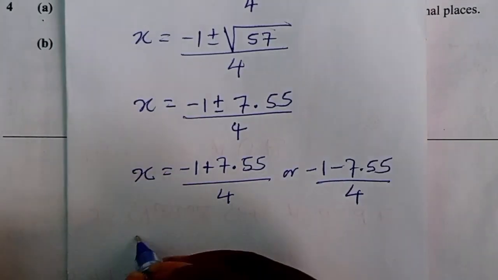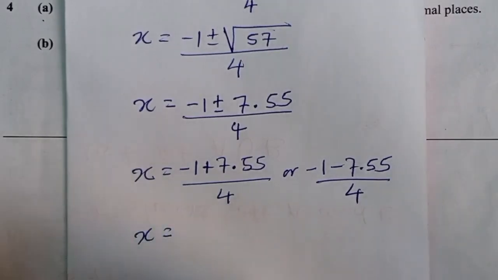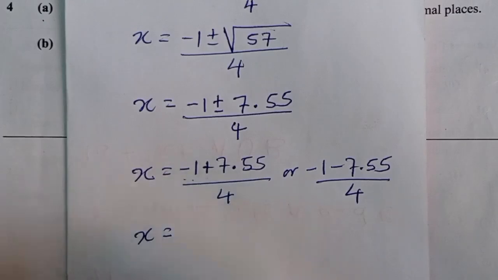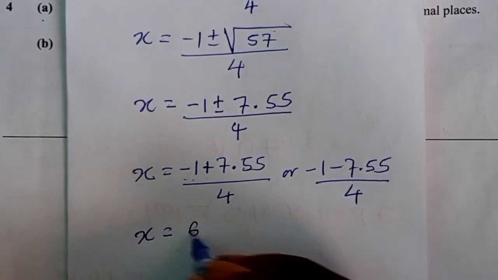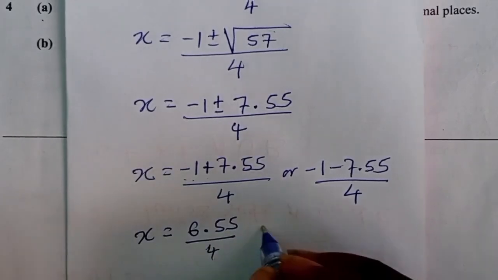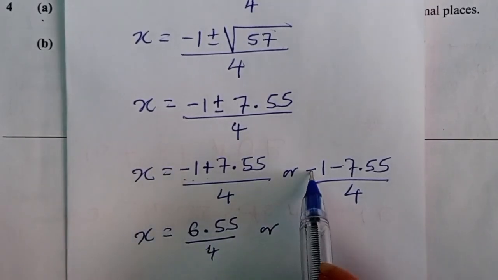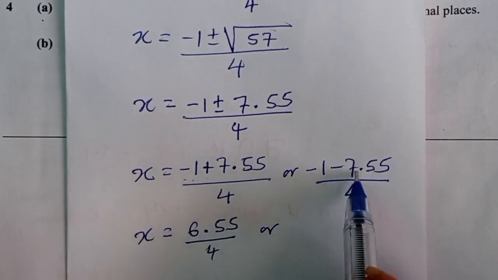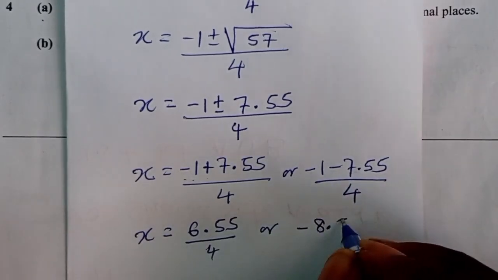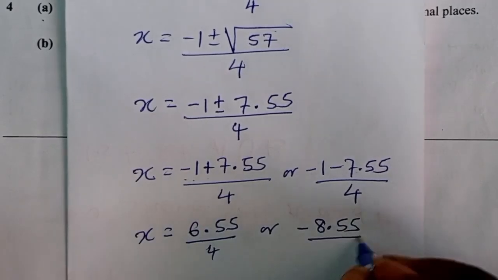So x equals negative 1 plus 7.55, we're going to have 6.55 over 4, or negative 1 minus 7.55, the answer is negative 8.55 over 4.